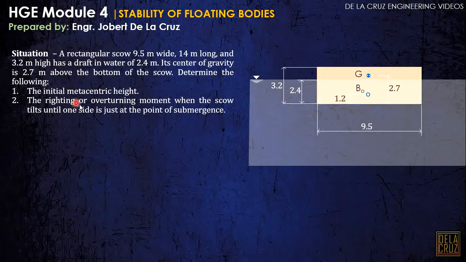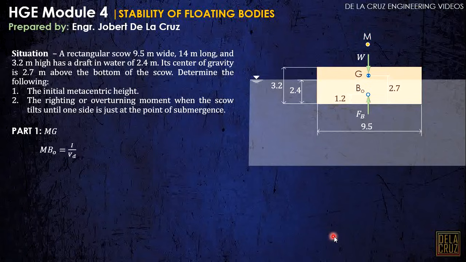Anyway, for the initial metacentric height, we should first calculate the MBO. Metacentric height is MG. Since it says initial, that is in stable position, there is no tilting yet. So this is the weight, this is the buoyant force. Then we calculate the metacentric height, assuming that it is still above.